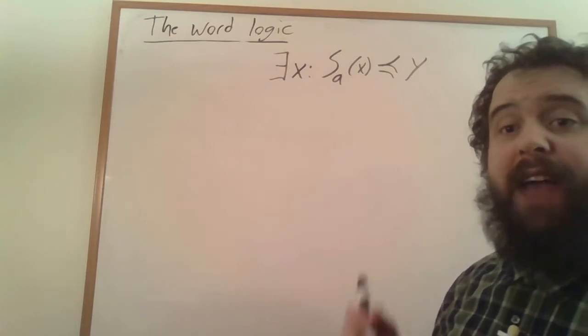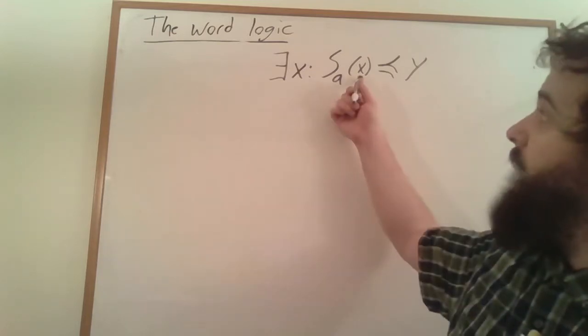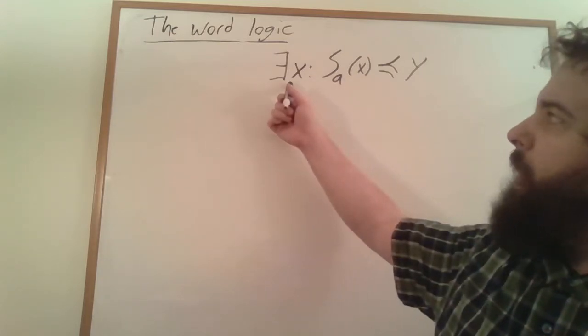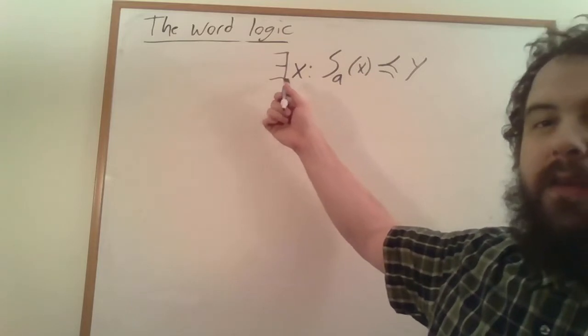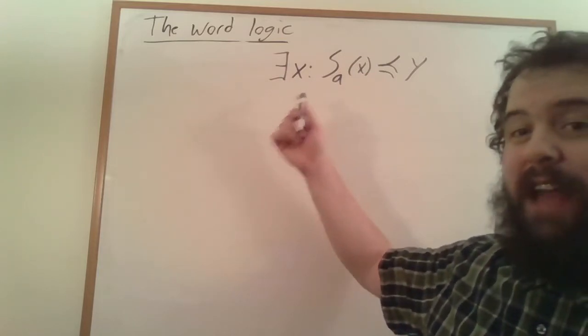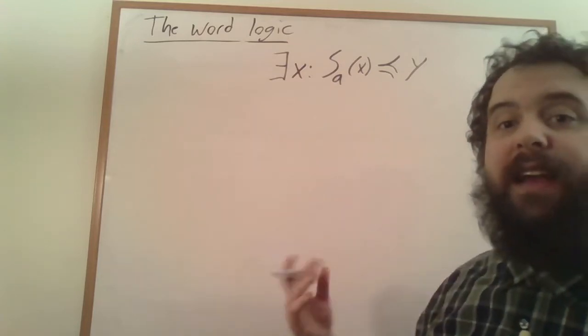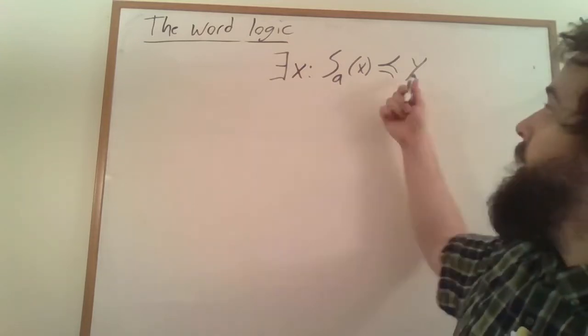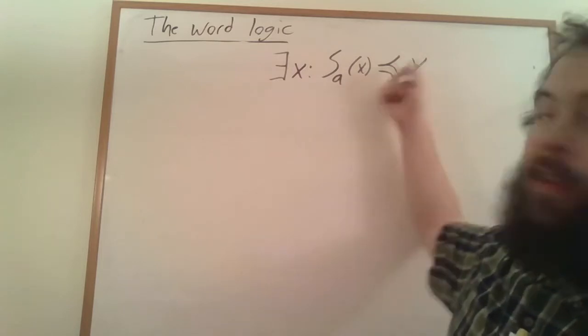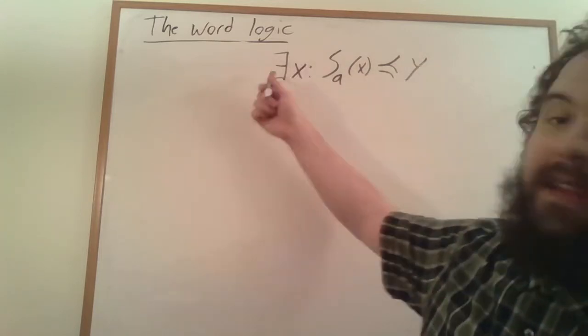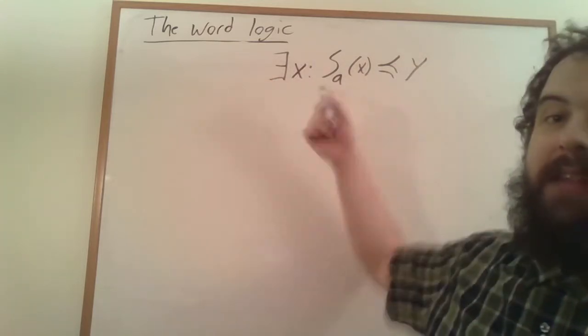This formula has two variables. We have x, which is given context by this quantifier here. So this formula actually isn't saying anything about x overall. What it is telling us is something about y. Specifically, for our particular value of y, there's going to exist an x that makes this happen.